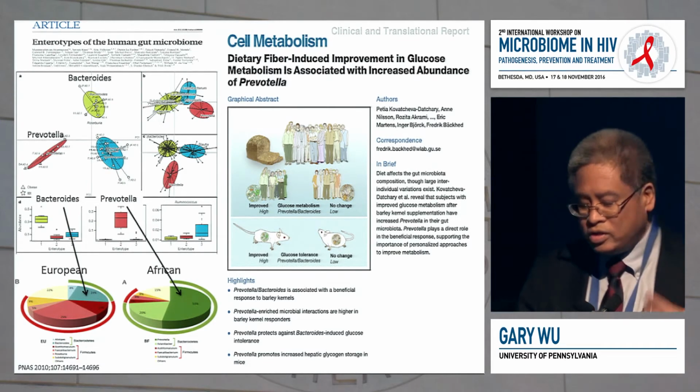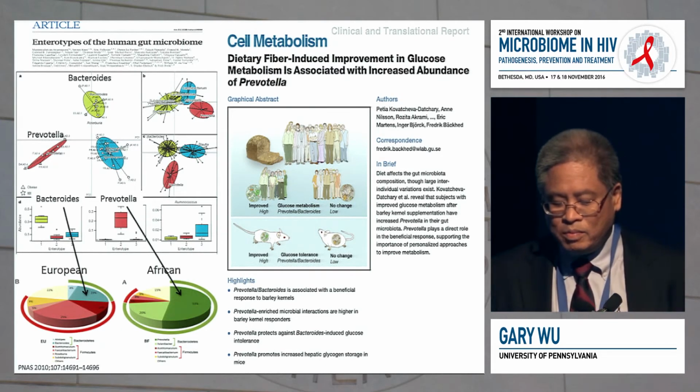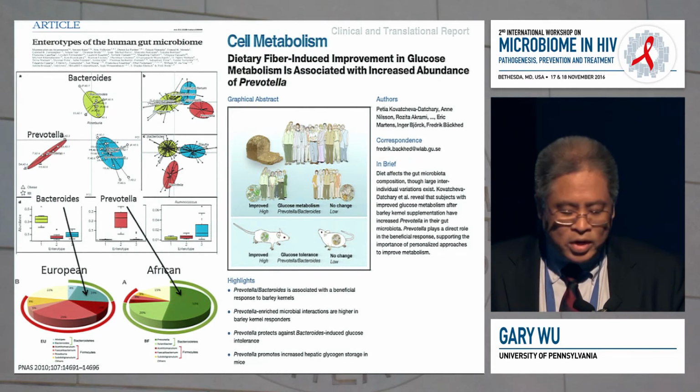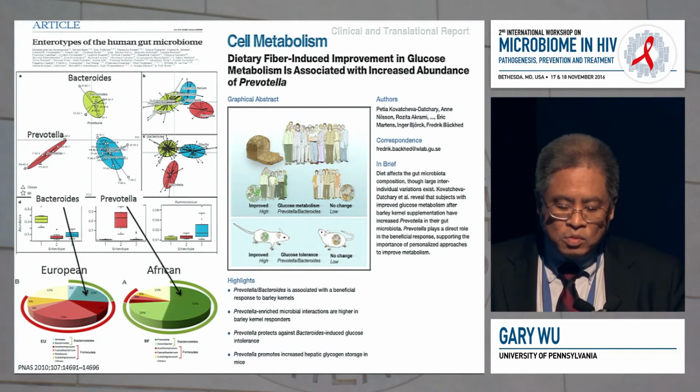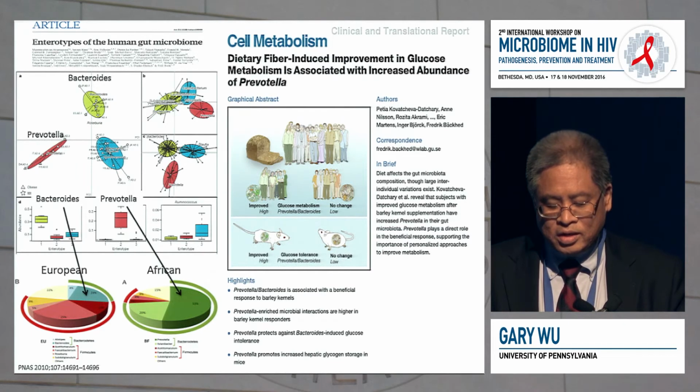And then he goes on to show that the phenotype is transferable on mice and gets into some mechanisms. The point, I think, is that if this is reproducible, and very robust, it could be a biomarker for individuals that might respond to a certain type of dietary intervention when we think about metabolic disease.